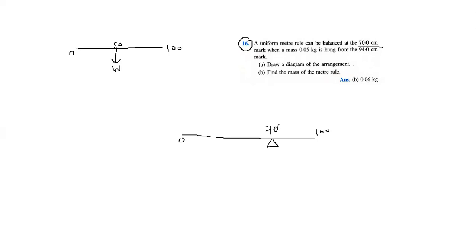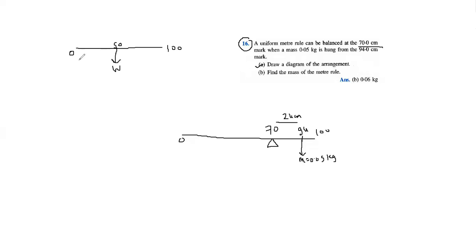The question says that a mass of 0.05 kg is hung from the 94 centimeter mark, somewhere here. If this is 94, then from the fulcrum this distance is 24 centimeter. Question says draw the diagram of this arrangement.